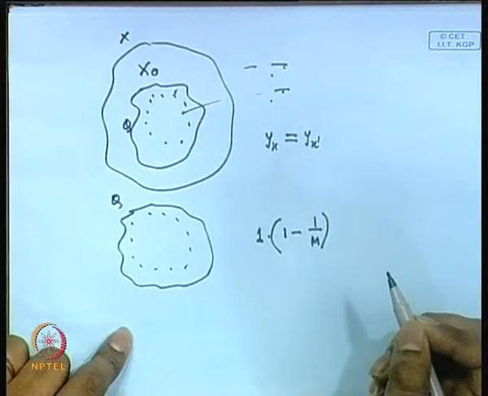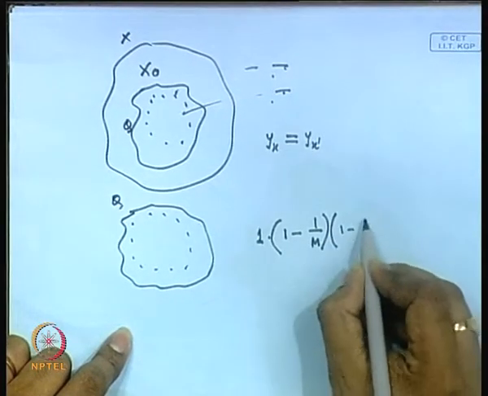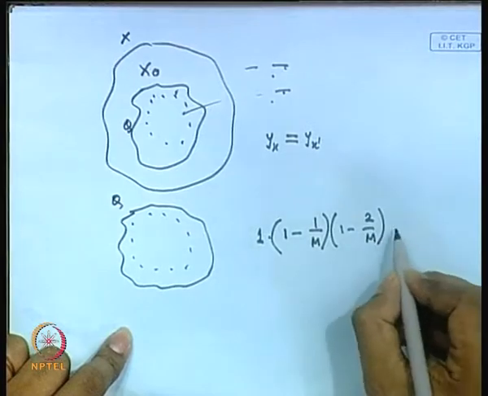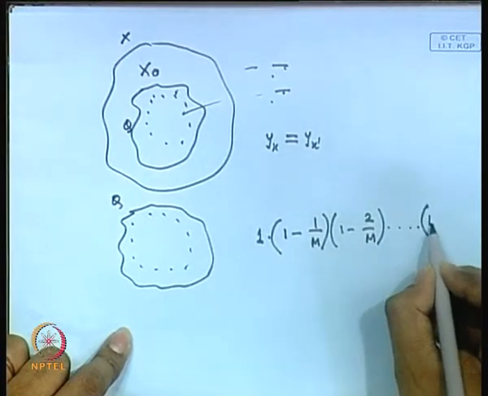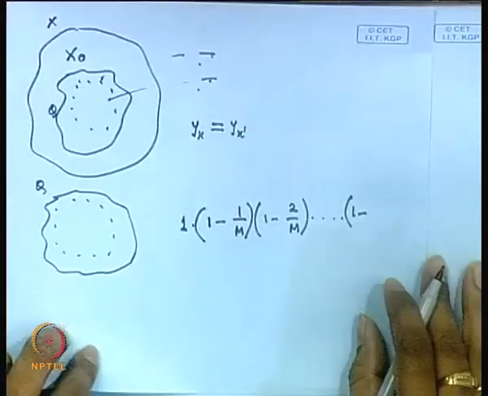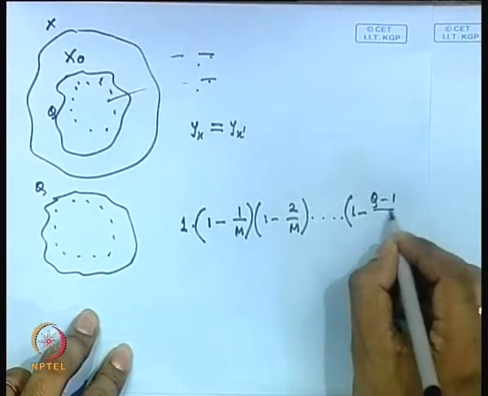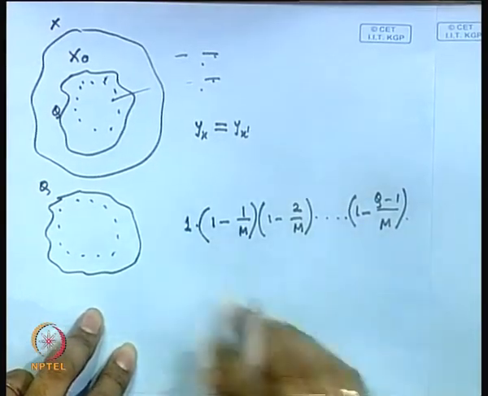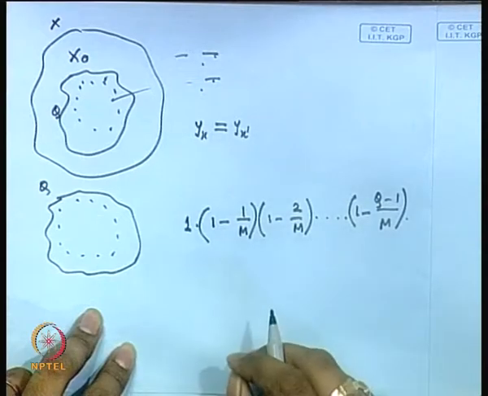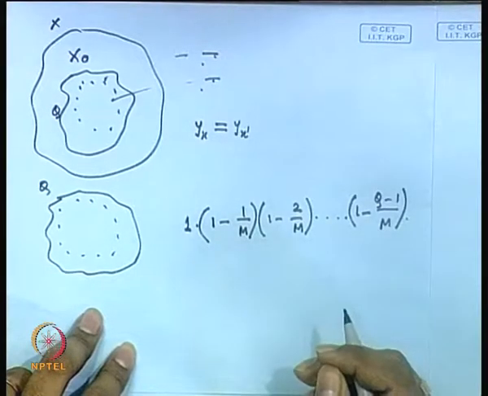What about the next one? It will be 1 minus 2 by m. Similarly you can continue till 1 minus q minus 1 by m. You can do this because of the independence theorem, the assumption that we had for ideal hash functions.